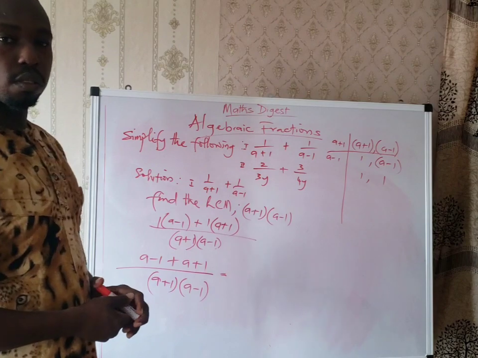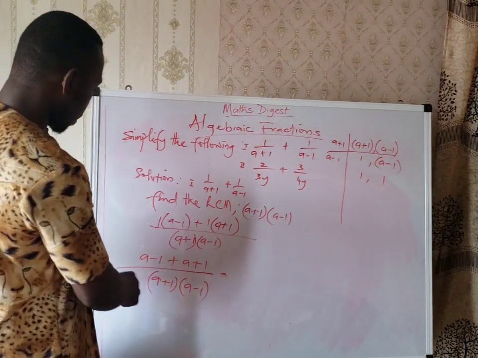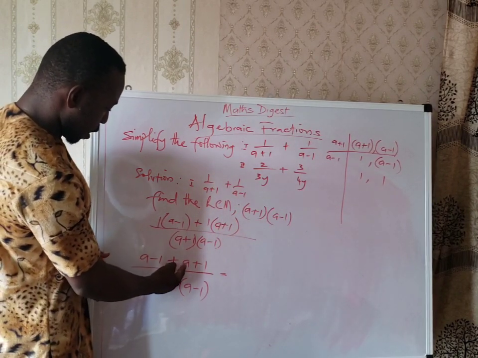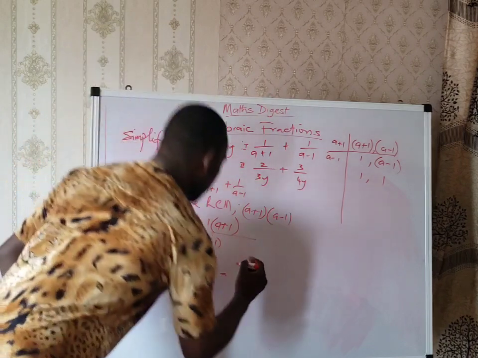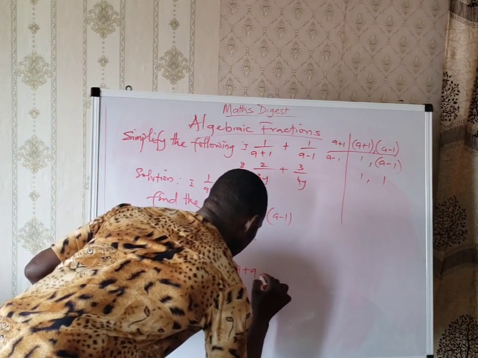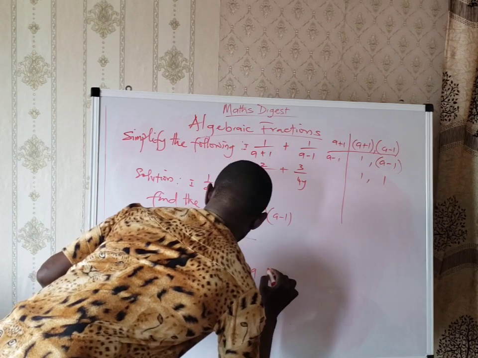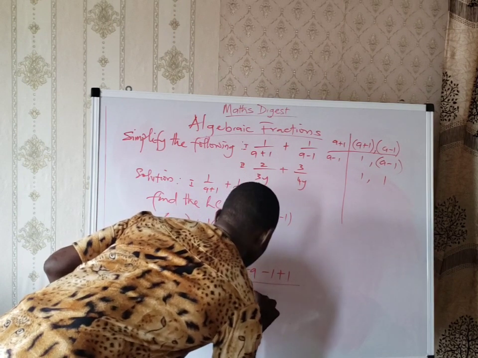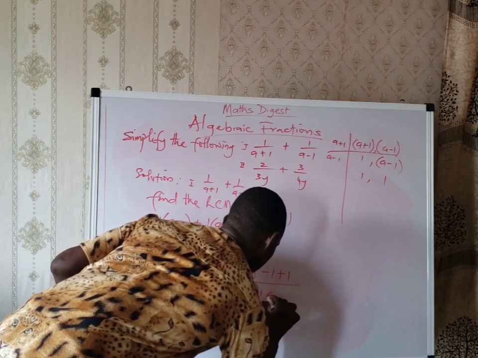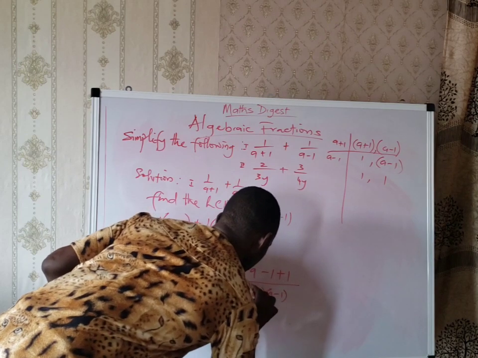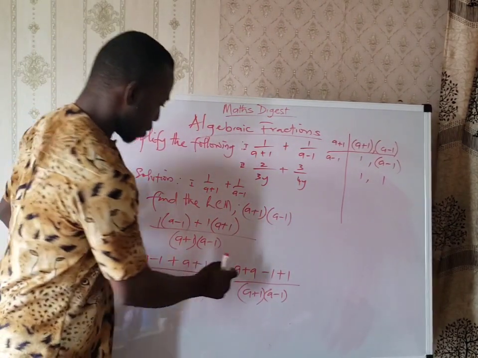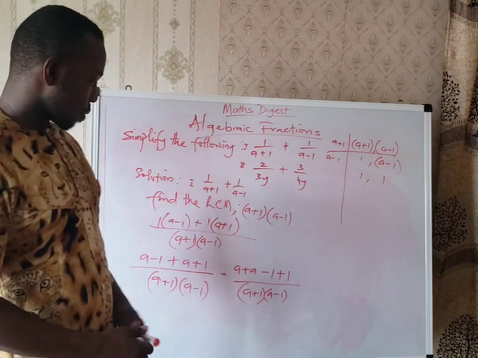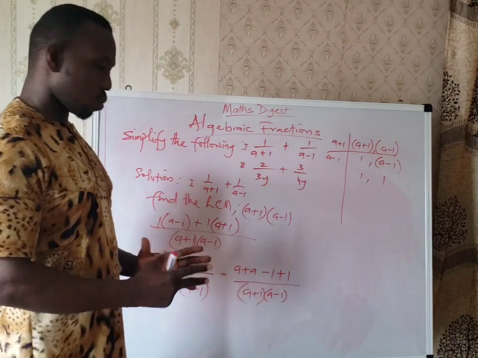Okay? Now, what we now do is look for the like terms here. Looking at this, this is a plus a. We take these two together. Sorry, this is a, please. Now a plus a will give us 2a. 1 apple plus 1 apple will give us 2 apples.